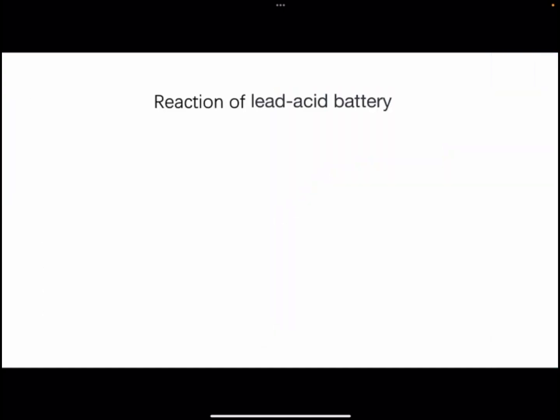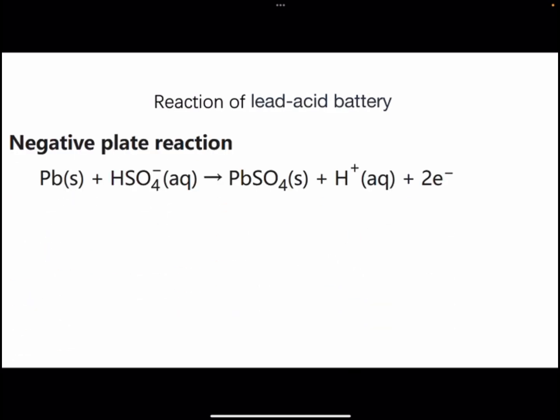Okay, so let's take a look at the reaction of the lead-acid battery. First, the anode side reaction is Pb reacting with H2SO4, or you can write it as HSO4 negative.